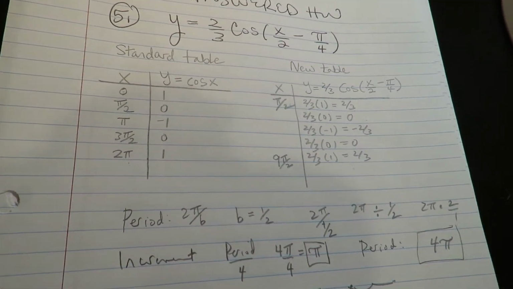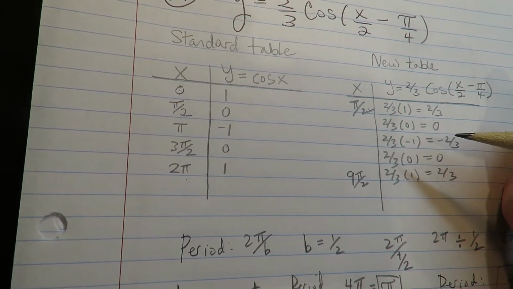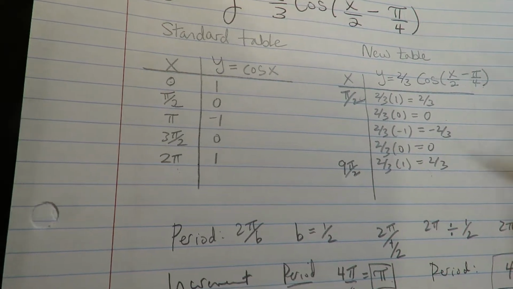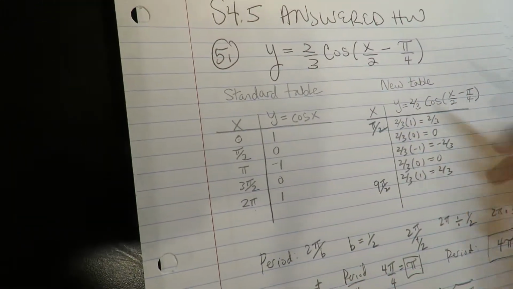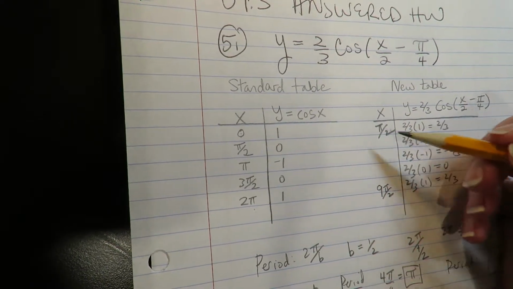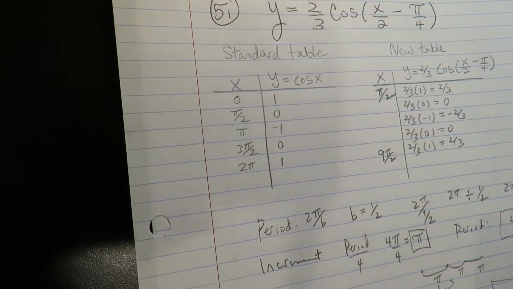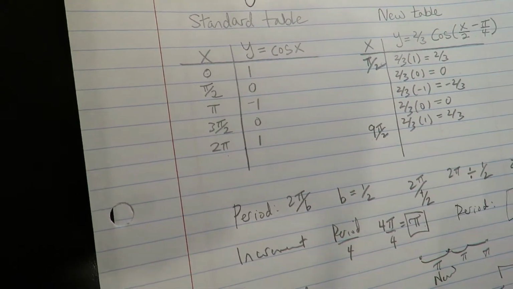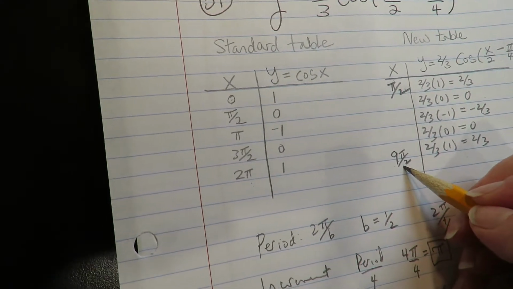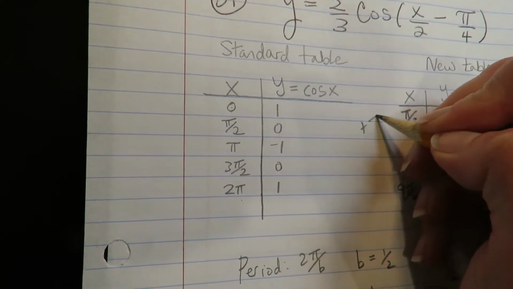All right, now we got to fill in the middle ones. How you fill in the middle ones is you add the increment to it. And this should make sense to you. Like this is 1/2 a pi. It goes to 9/2, which is 4.5. And that makes sense to me because 1/2 a pi plus 4 is 4.5. So that lines up. Now I'm going to add pi.